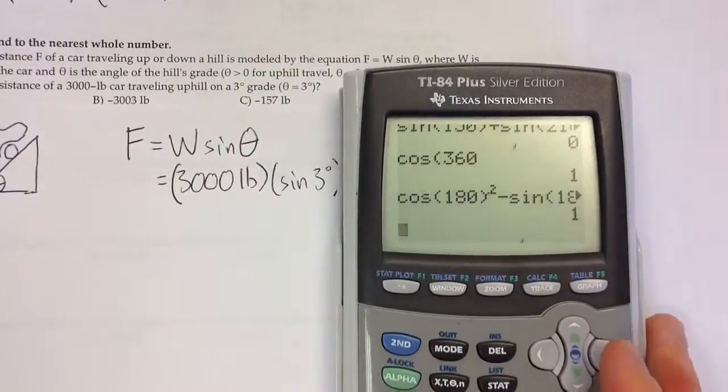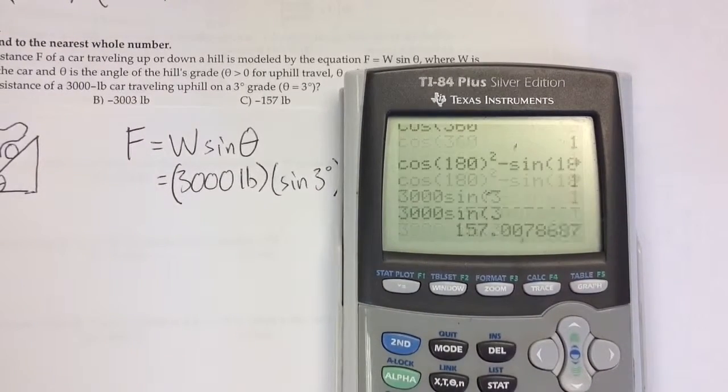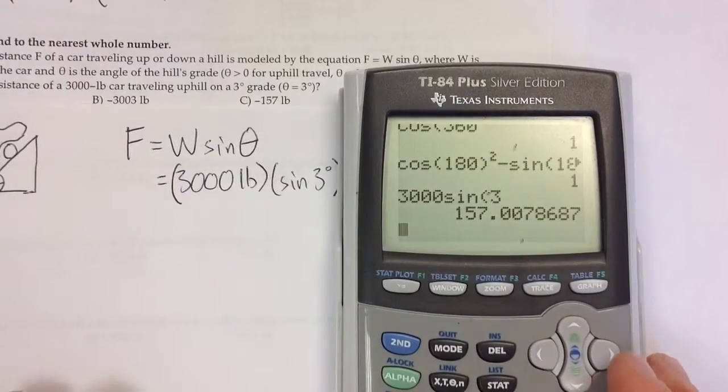Calculator makes it a cinch. 3,000 sine 3. 157.